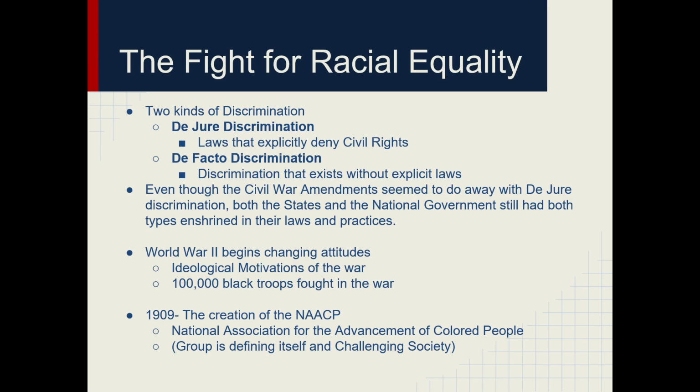But there is de facto discrimination. This is discrimination that exists without explicit laws. So after the Civil War does away with de jure discrimination, states and national governments both still had types of discrimination in their laws and in their practices. Think about segregation?